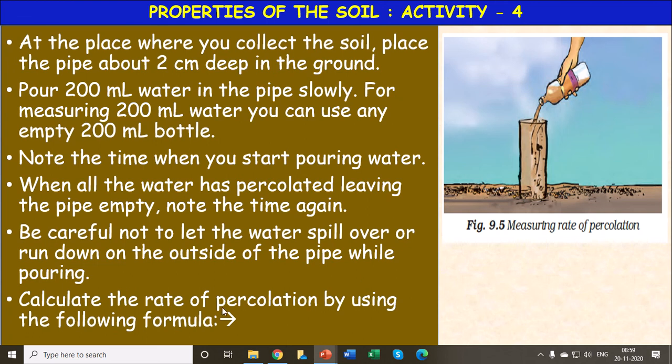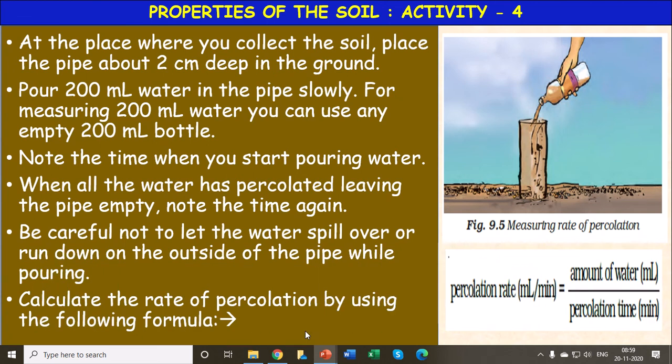Now calculate the rate of percolation by using the following formula.